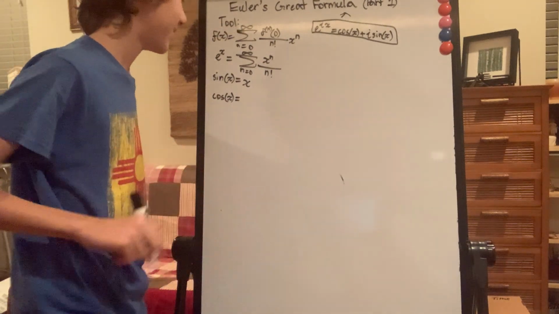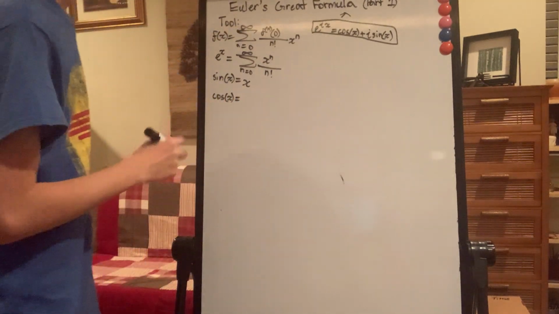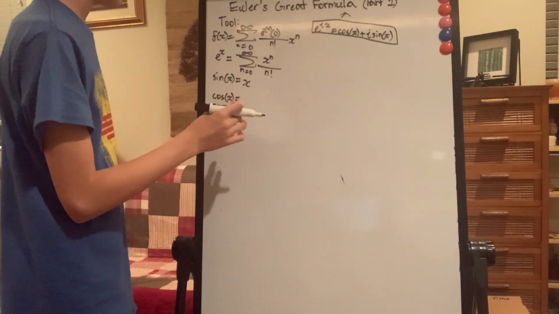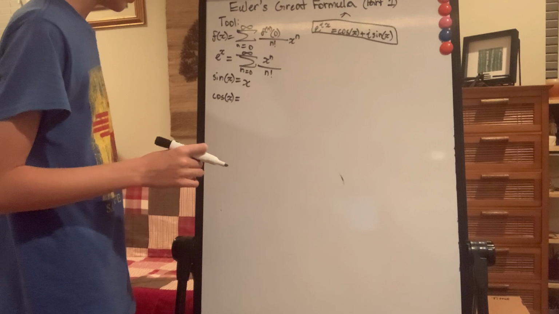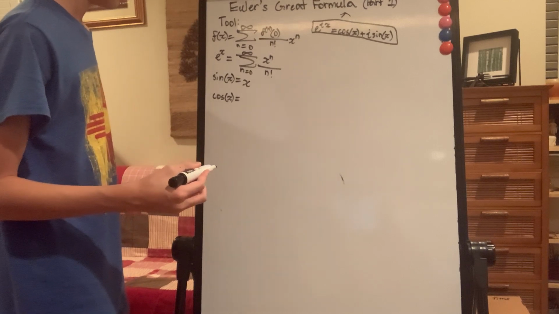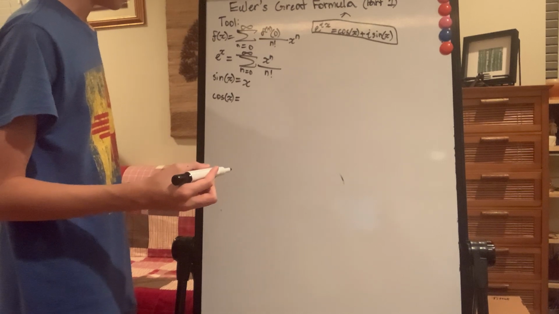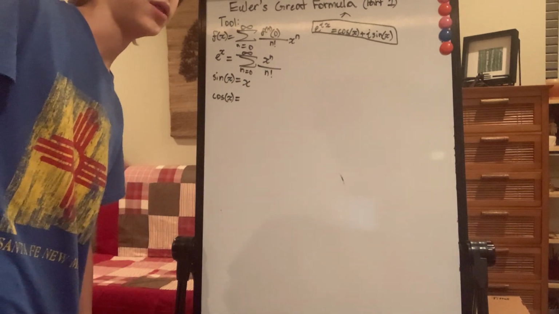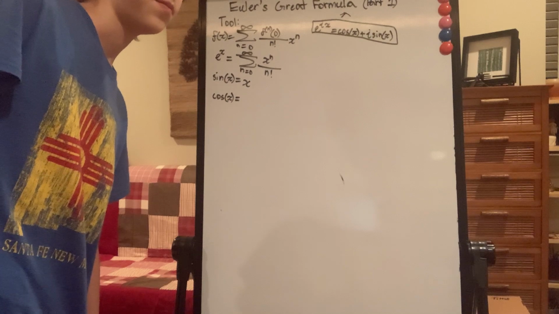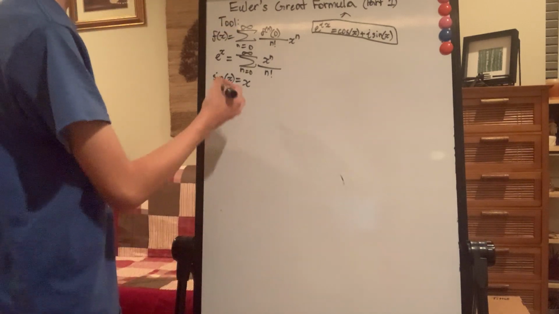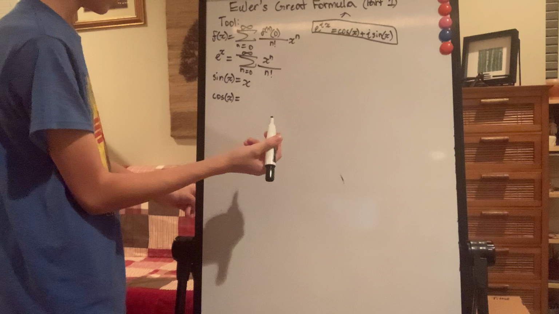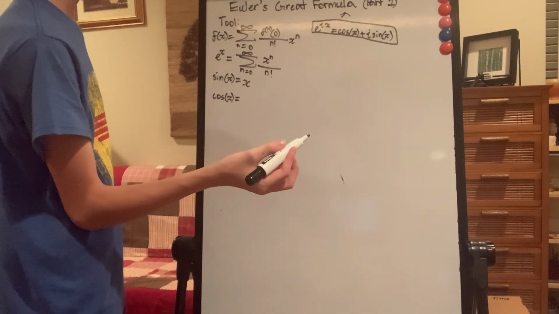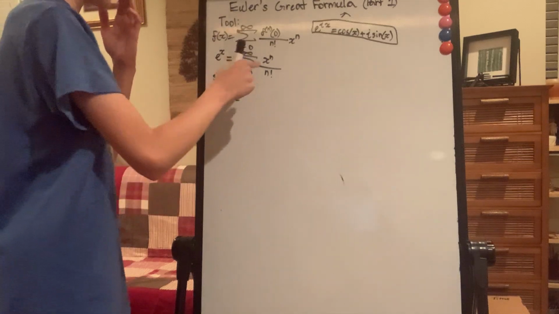Sorry, I had a bit of a brain freeze there. Okay, so the third derivative: derivative of sine of x is cosine of x, derivative of cosine of x is negative sine of x, and then that's just negative cosine of x.